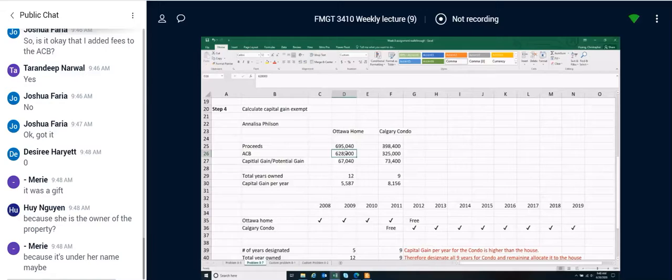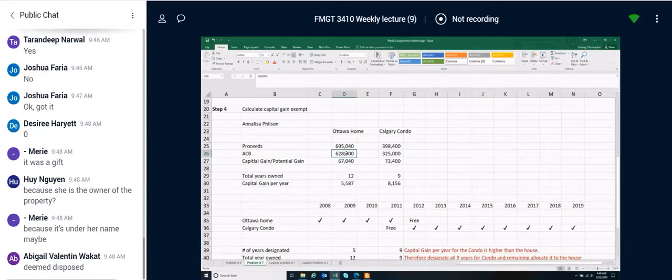Yeah, so she's the owner. So what? I'm not talking about whether she's the owner. She's recognizing the gain. Of course she's the owner, but why is the ACB not zero? She didn't pay anything. What's the special thing you have to think about when you have a gift? It's a deemed disposal.